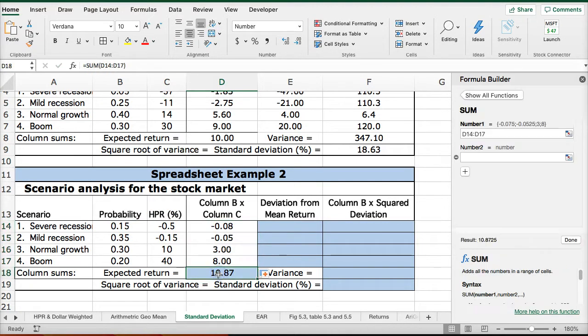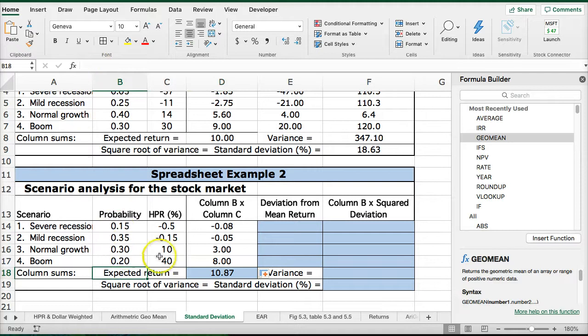So this expected return is 10.87%, but we leave that as a whole number because it's easier to do the calculation. So the deviation from the mean, this expected return is really the mean here. So we can kind of just say it's the mean.